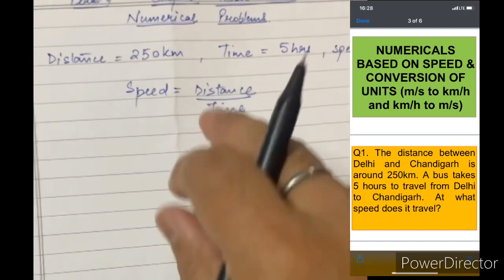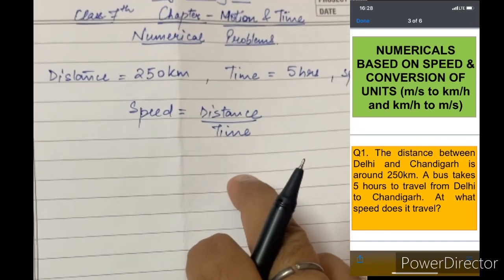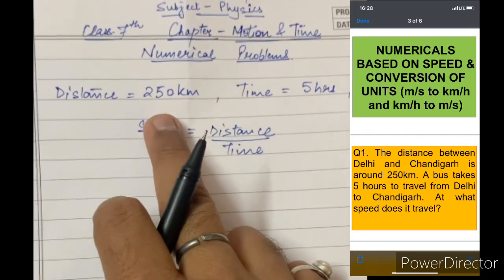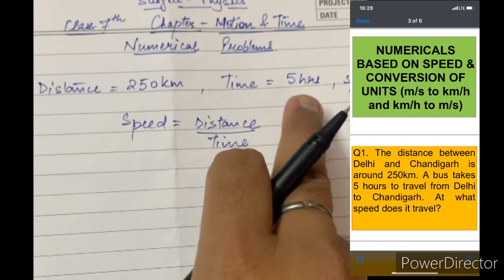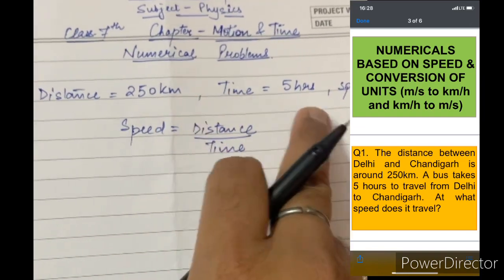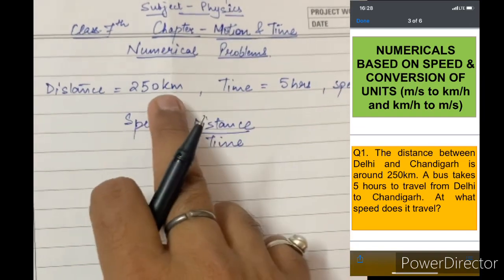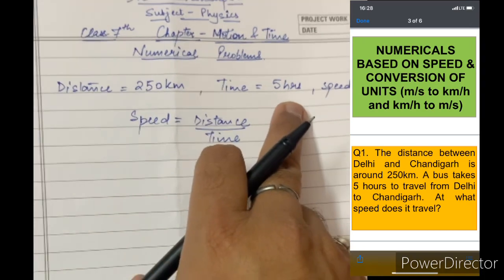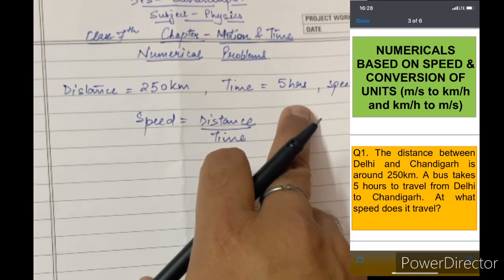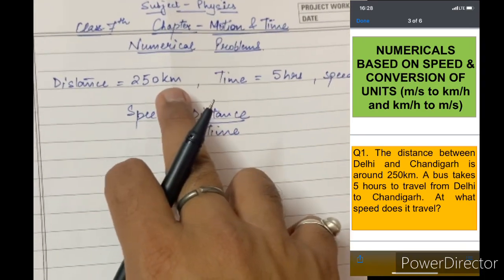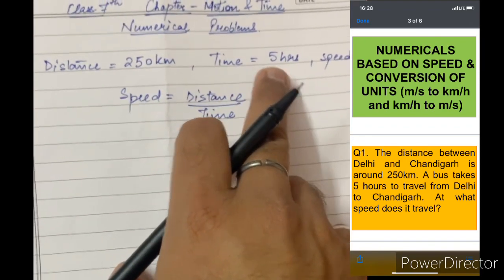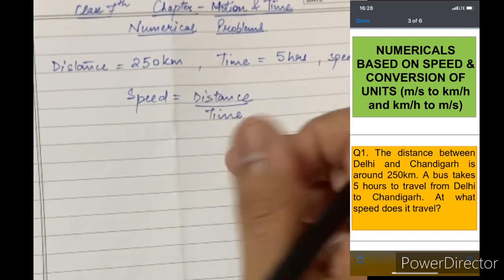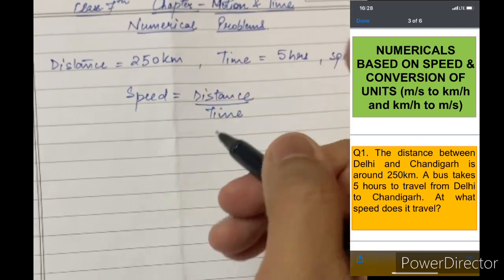Before solving this question, first we have to check that the unit of distance and the unit of time should be in the same SI system. It means if it is in kilometer, it should be in hours, or if it is in meter, it should be in second. Here distance is in kilometer and time is in hours. It means it is in same SI unit, so we do not have to change its unit.